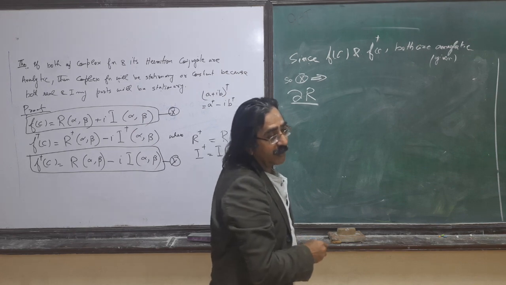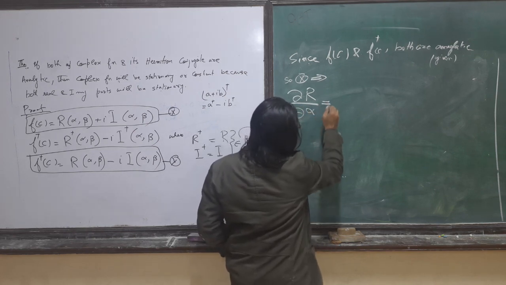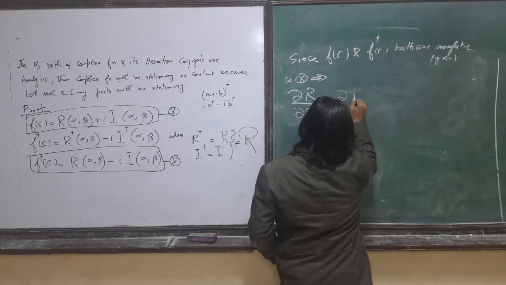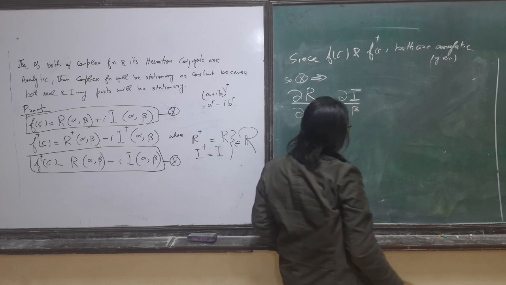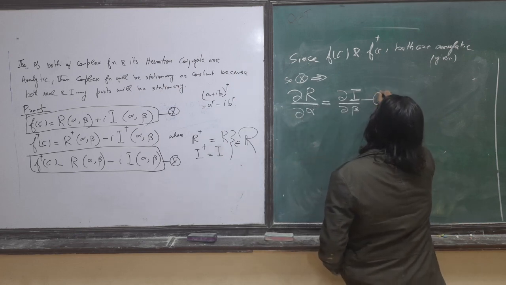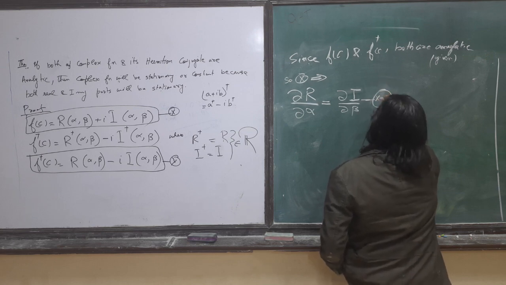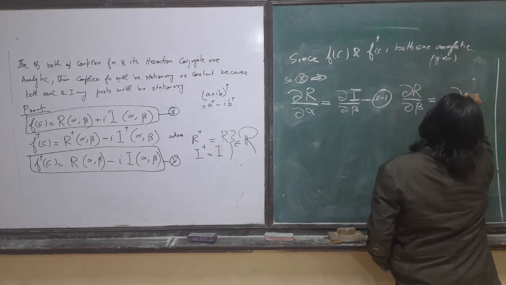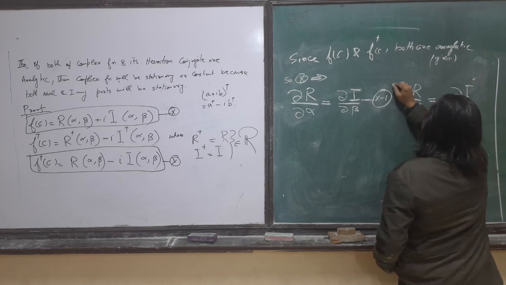Partial R over partial alpha will be equal to partial I over partial beta. This is equation X1. Partial R over partial beta will be minus partial I over partial alpha.